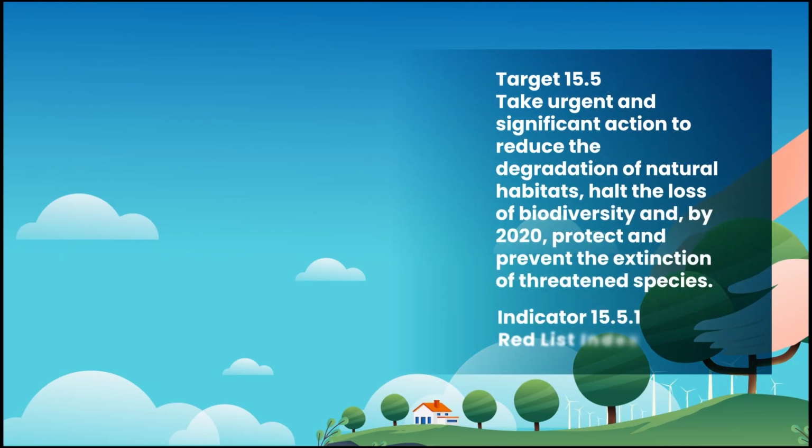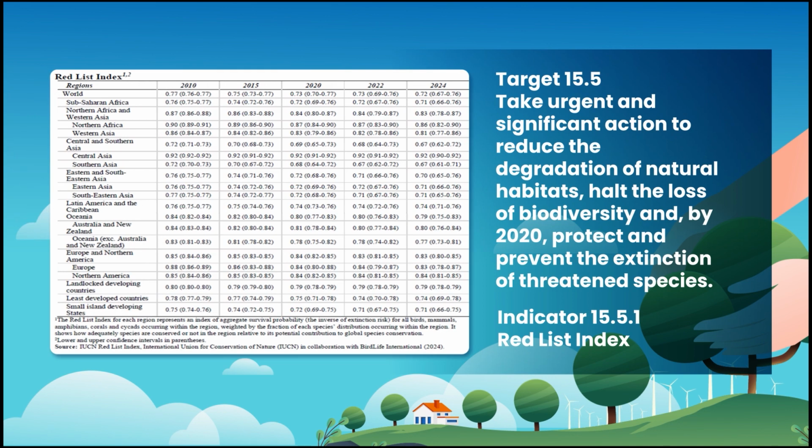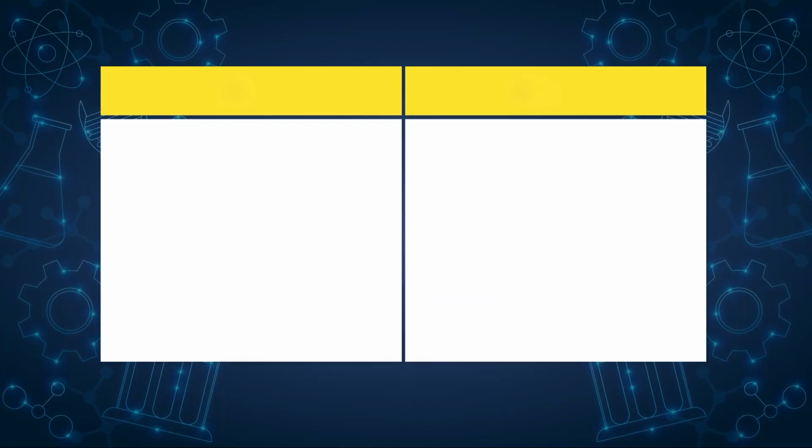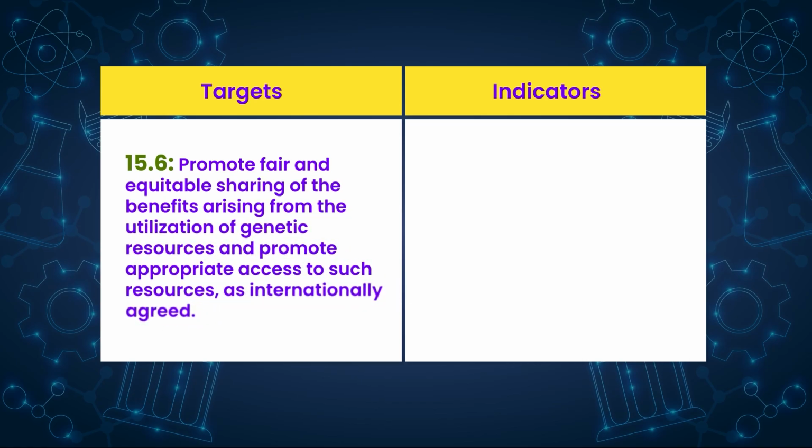In the beginning I already mentioned that the extinction rate is increasing day by day. That is why we are not progressing well. Just look at this table: the figure for the world was 0.77 in 2010, and now in 2024 we have 0.72.